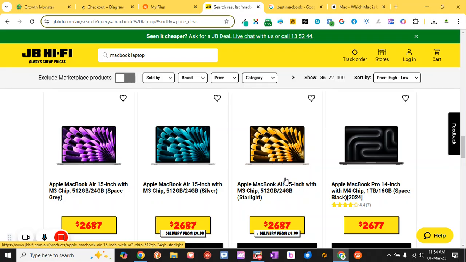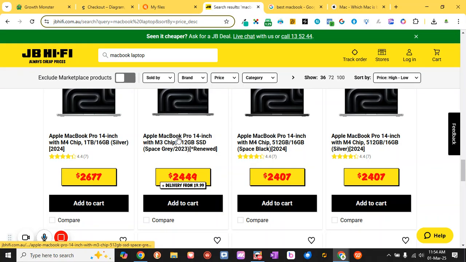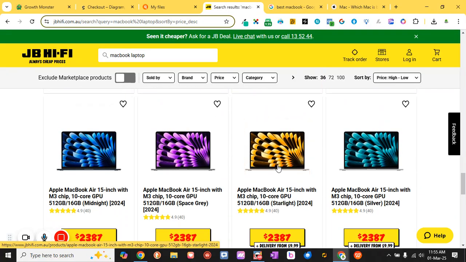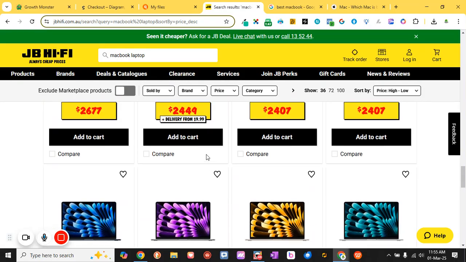From just having a look here, I'm not a MacBook person. I buy Windows. So it seems that there's an M4, M3, M2 kind of hierarchy.